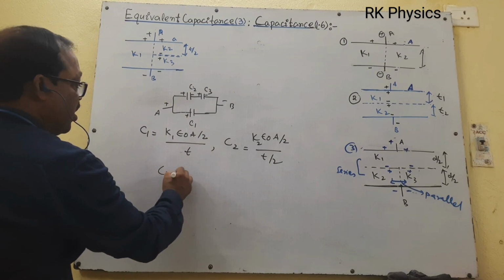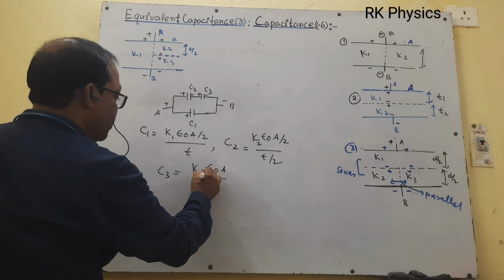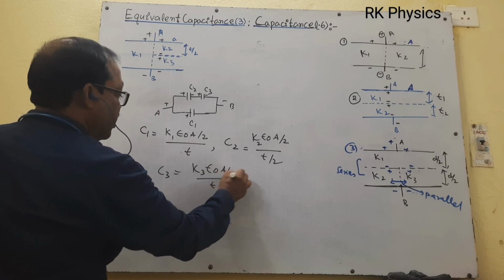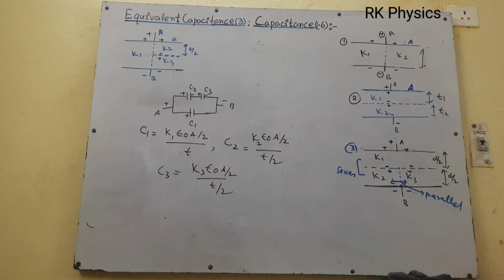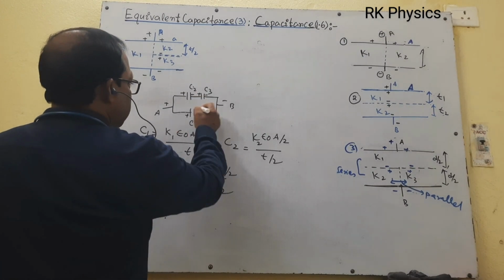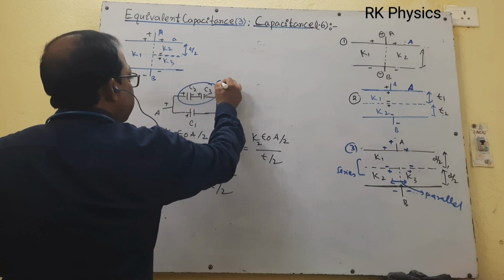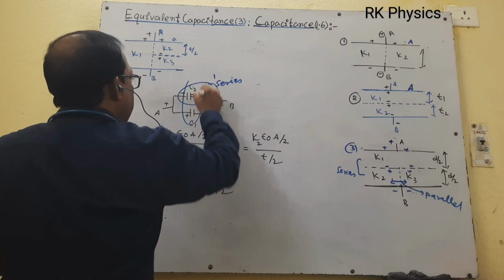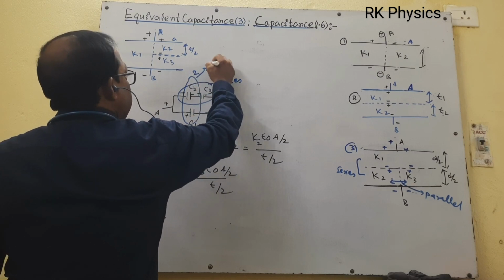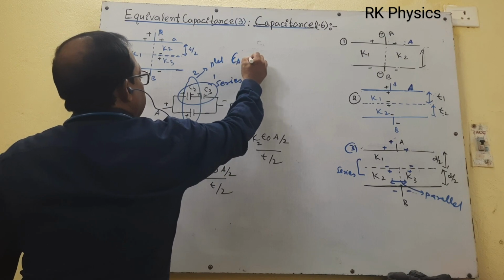Now C3 is K epsilon 0 A divided by T, where K is K3, A is A by 2, and thickness is T by 2. Now substitute the values here. First, these two are in parallel, then in series with the other. So find out the value of CAB.